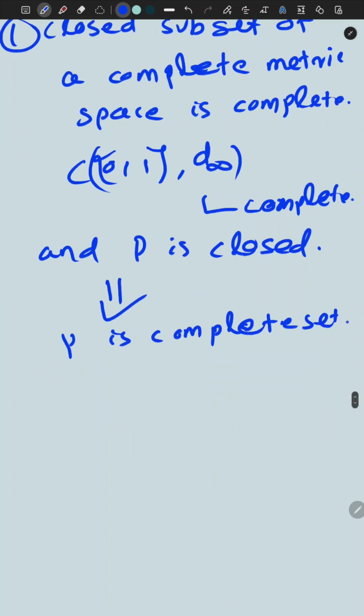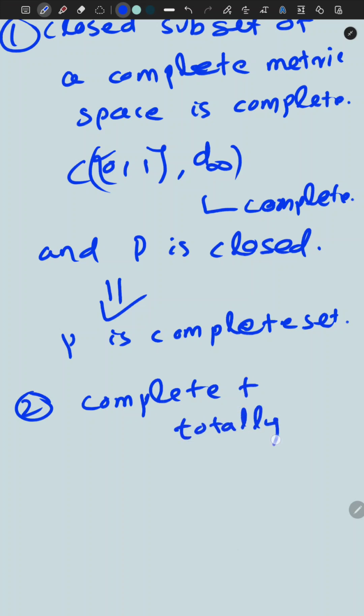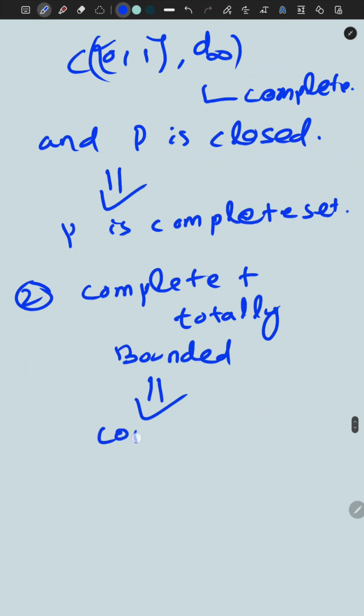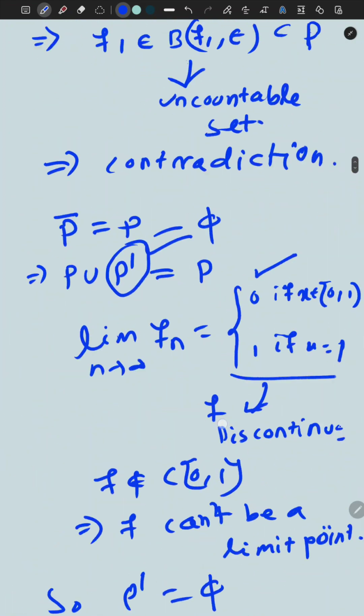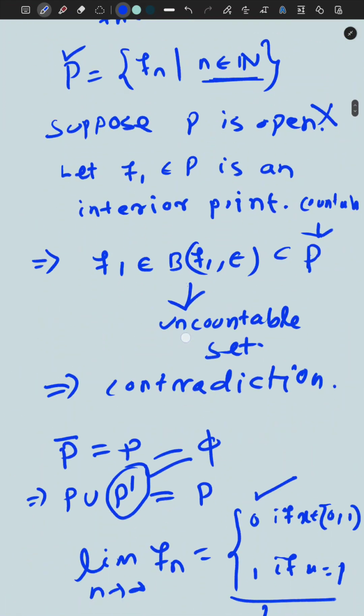We will write one more result: complete plus totally bounded implies compact. This is a standard result. But our set P is not compact. Why is the set P not compact?